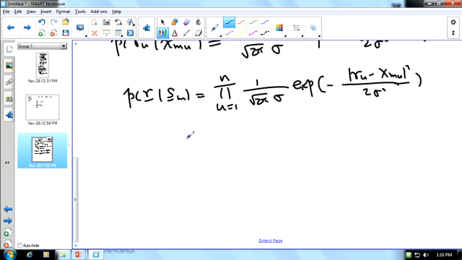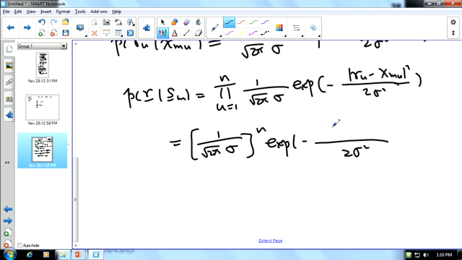If we simplify this, it becomes 1 over the square root of 2 pi sigma squared to the power of n, times exp of minus 1 over 2 sigma squared, times the sum for u from 1 to n of (R_u minus X_mu) squared.